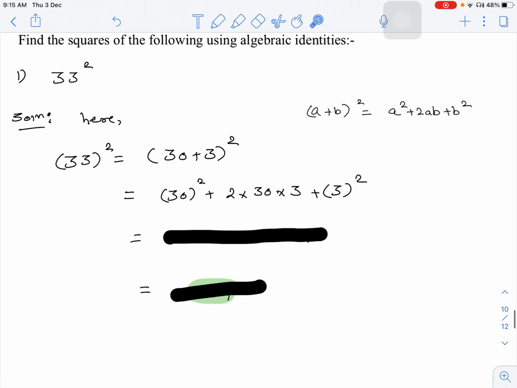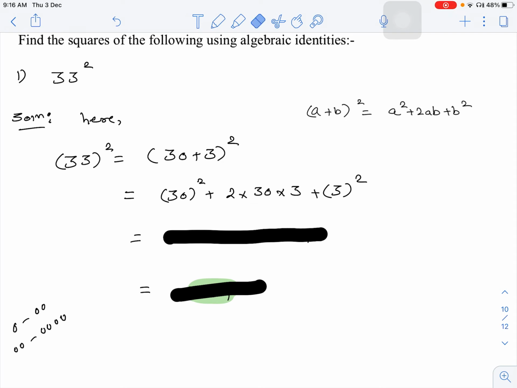In the next step we have to find the squares. 3 square will be 9, and if there is one zero in a number, in its square we have to write double the zeros. For example, if 1 zero is there, in the square it will become 2 zeros. If 2 zeros are there, in the square it will become 4 zeros.